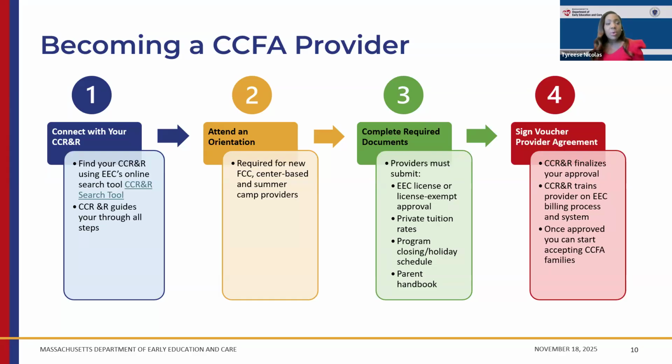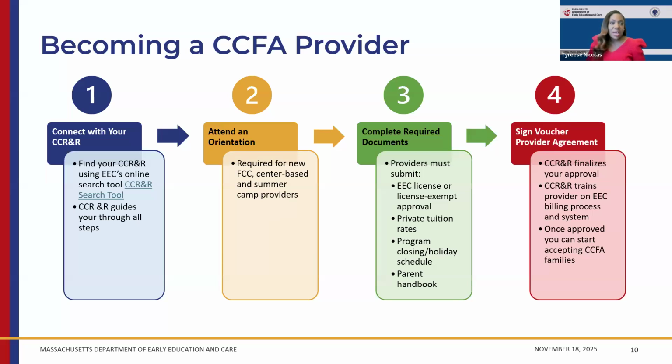Once you've completed your required documentation, you'll move into phase 4, which is signing the provider voucher agreement. Part of signing that voucher agreement is understanding what it all means. So yes, you provided these required documents, but it includes understanding how to enter attendance, how to receive payment, and when the due date is for submitting your attendance.